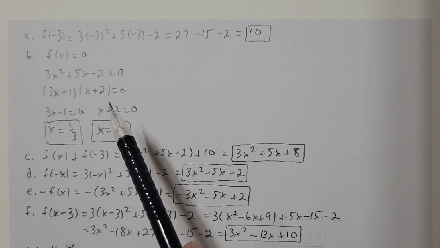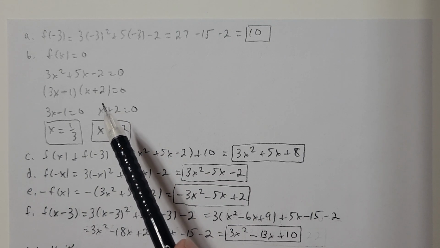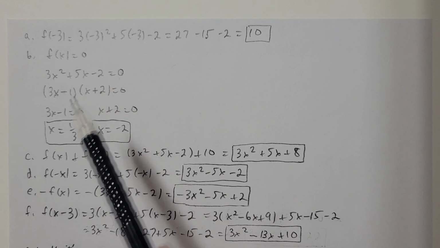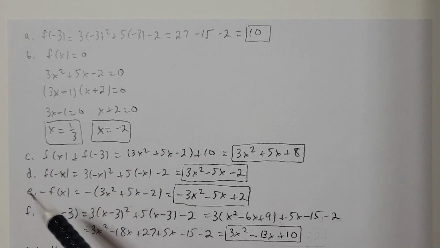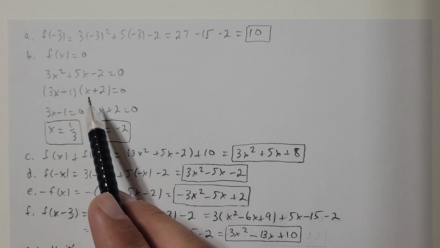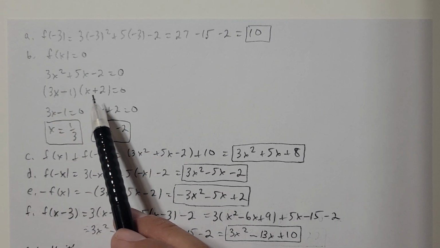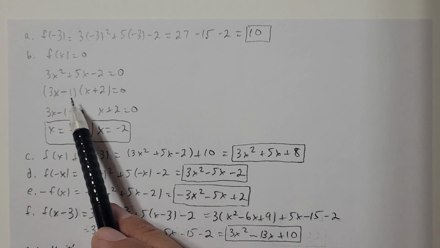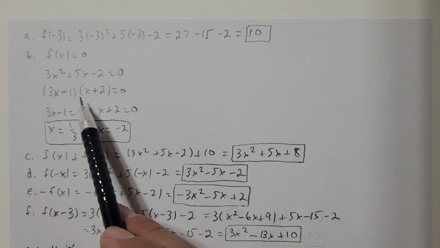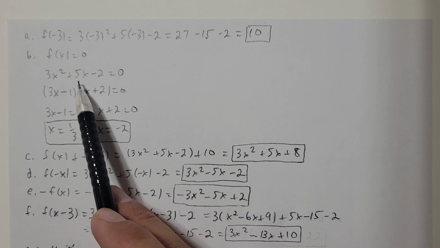Now, how do I know that's right? I can check this. If I FOIL this back, first, outer, inner, last, I should get the line right above. Let me check this. 3x times x is 3x squared. The outer terms give you 6x, and then minus the inner terms, minus x. 6x minus x is 5x in the middle. That looks good.